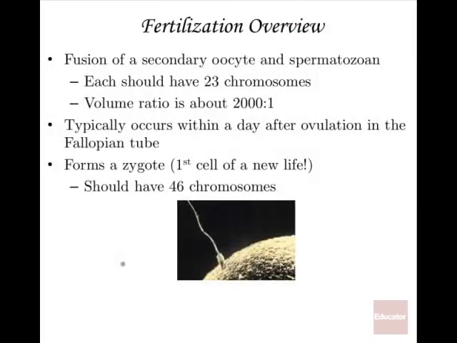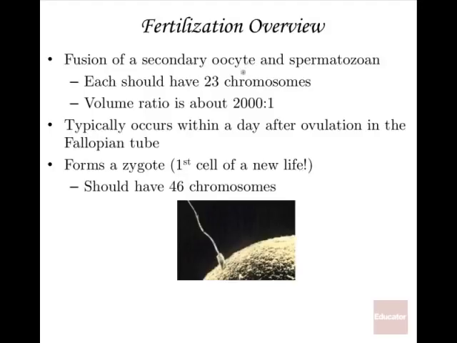Fertilization overview. So how does fertilization actually occur? What are the details? It's fusion of a secondary oocyte and a spermatozoan, or spermatozoa. Secondary oocyte, if you saw the female reproductive system lesson, comes from what's called an oogonium. That's kind of like the stem cell that makes eggs.